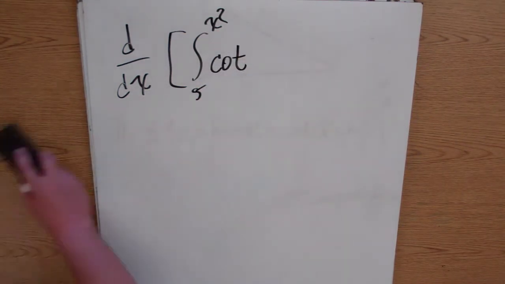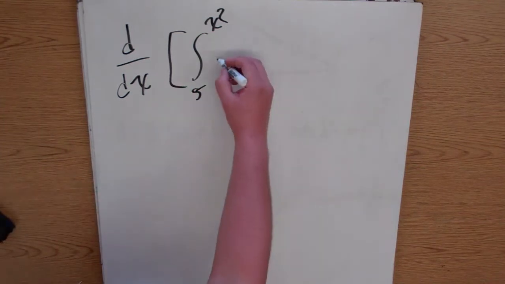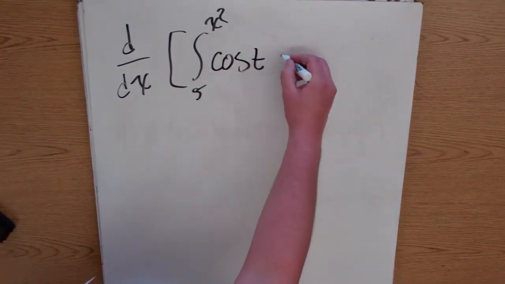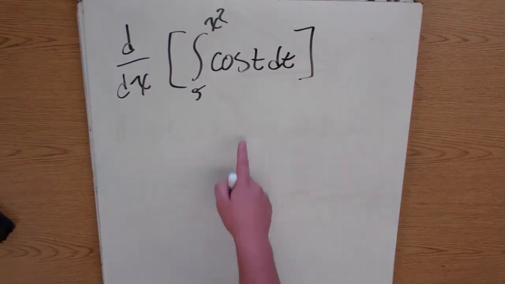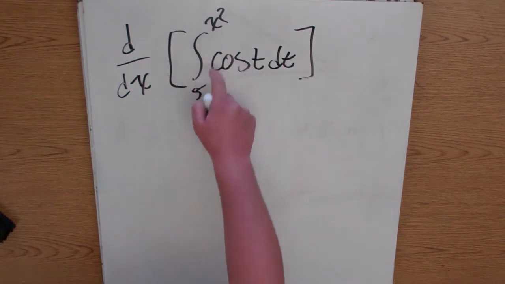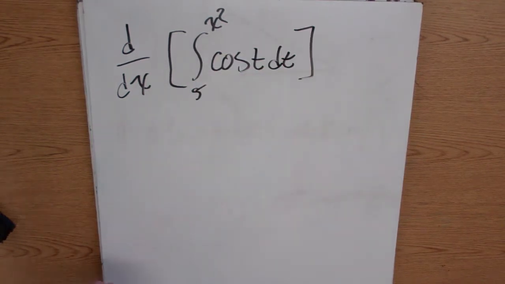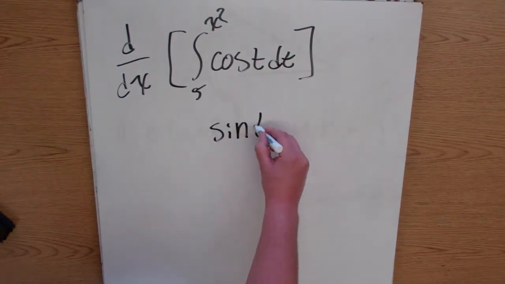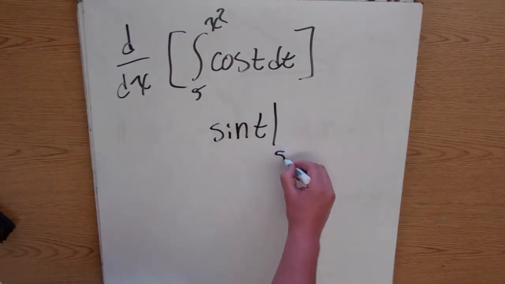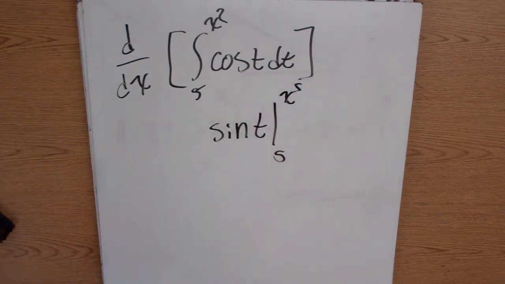Oops, it's supposed to be cosine, not cotangent. This one we're going to have to take the antiderivative of and evaluate at both of these. The antiderivative of cosine is sine, so we have the sine of t, and we're going to evaluate that from 5 to x squared.